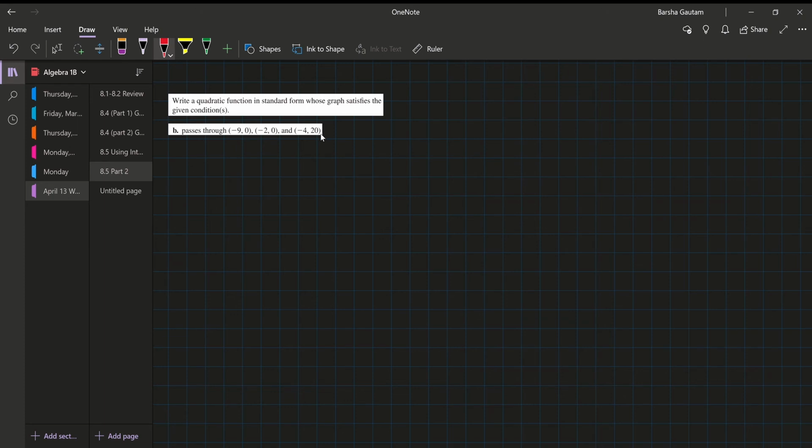Remember that if you're given coordinates that have zeros in them, then those are going to be what? They're going to be x-intercepts and y-intercepts. See if you can identify any x-intercepts or y-intercepts in here, because those are going to be really useful in creating an equation. All right, hopefully you paused the video and figured it out.